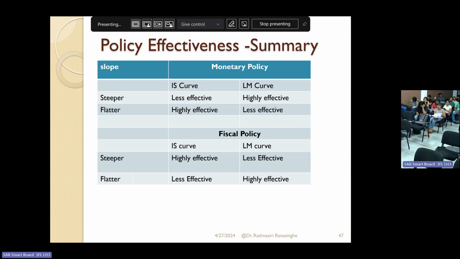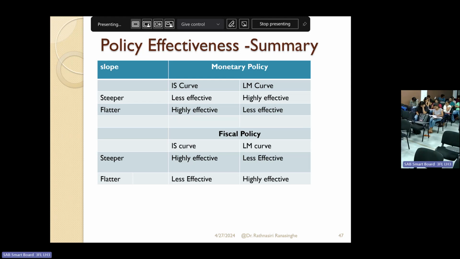Okay, so then we will look at the other one. That is, we take the fiscal policy. Now we are going to take the fiscal policy and the slope of the LM curve again.